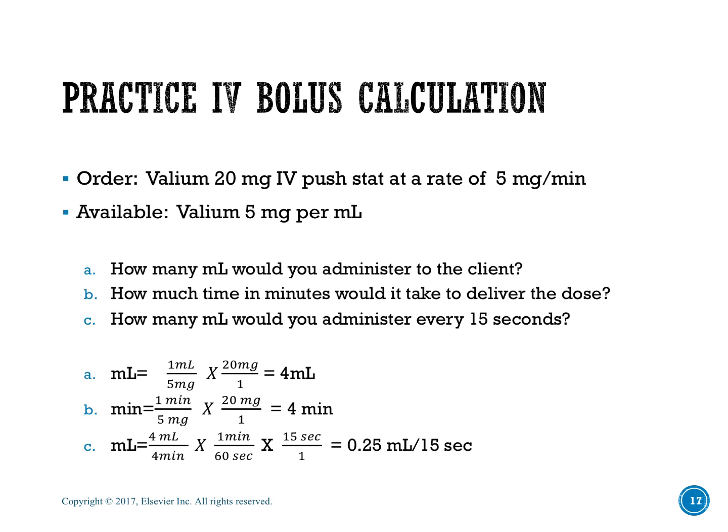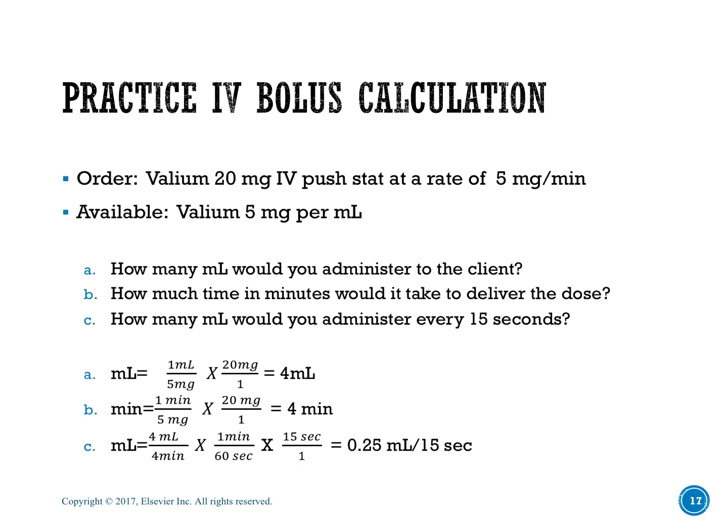And since I want to end up with milliliters, I have to get rid of the milligrams. Look back at my problem. Where's milligrams? Well, it's in my order for 20 milligrams. So that's why 20 milligrams goes in the numerator. And when I do the math, I note that the volume of medication that I would remove from the vial would be 4 milliliters.